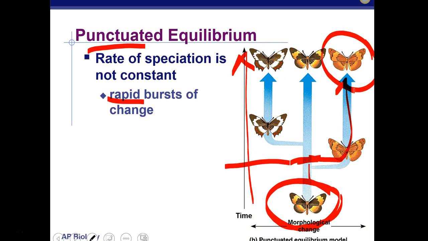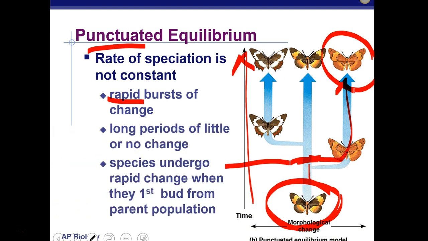It happened in bursts, and then there are long periods where there's little or no change. And when we look at the fossil record, what we see is both. Some species are gradual, some species are punctuated. It just depends on what happened at the time.